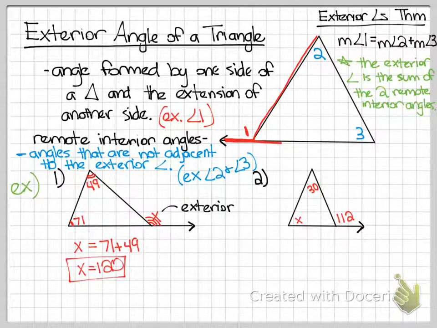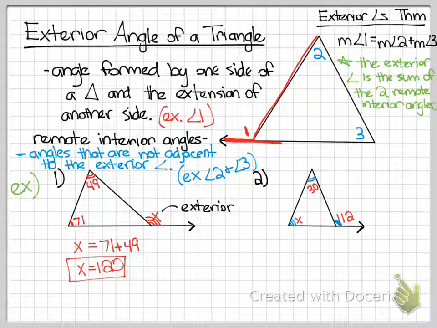Now we have to be really careful with that, because if x is not the exterior, say it's one of the remote interior, we have to do something different. So now let's look at number 2. That example. We have that the exterior this time, we know what it is. It's 112. And we have that one of the remote interior angles is 30. And the other one is x. That's what we're trying to find.